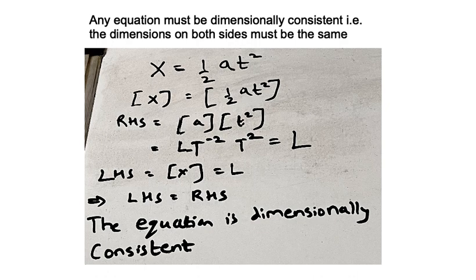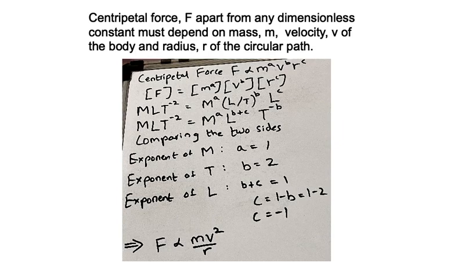Now we'll be looking at some illustrations, and let's start with our first problem. You have a string, and on that there is some sort of a mass attached, and it is set into a circular motion, going around and around.